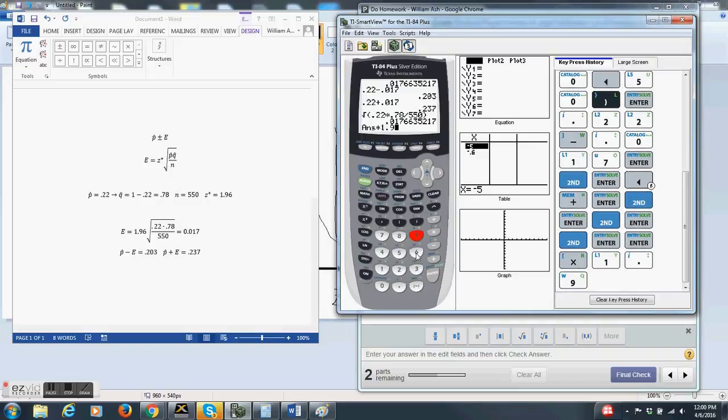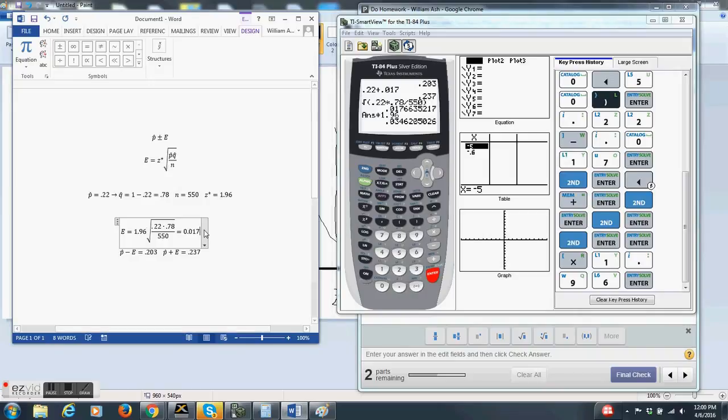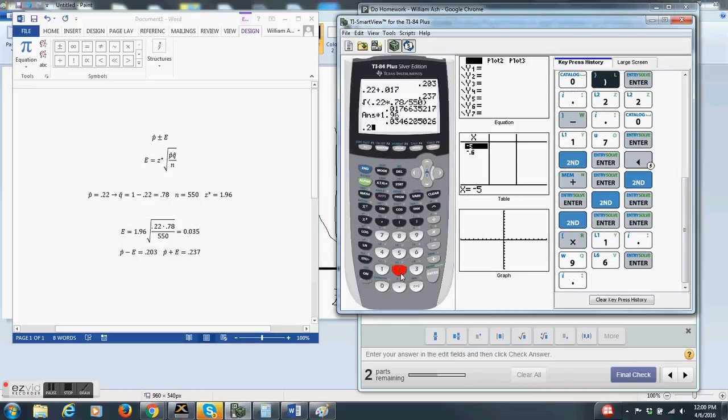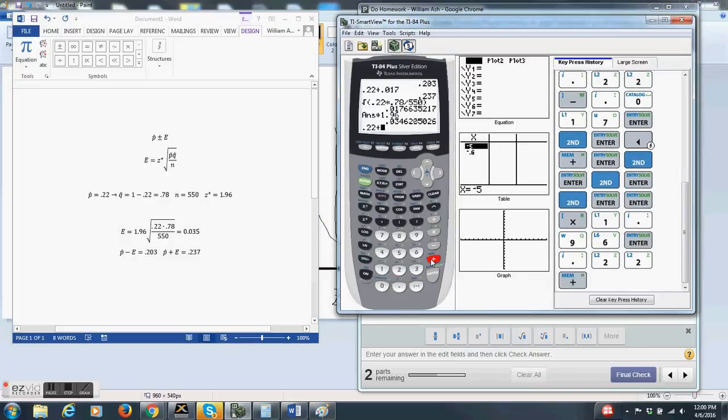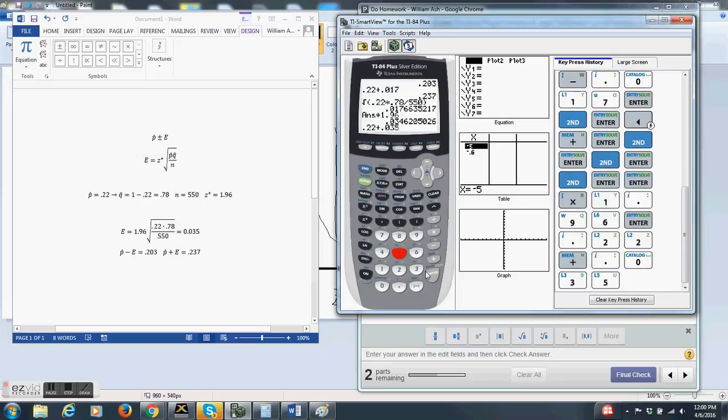Hold on. Okay, sorry, I see what I did. Instead of re-recording, I'll just show you. Plus, everyone makes mistakes. I just copied it down wrong. I did everything here, but look at my E. I left out my z star. I just didn't put it in for some reason.